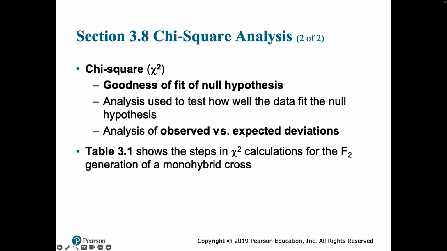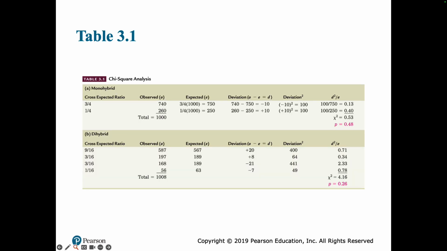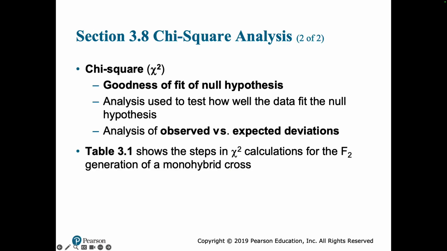So we're looking at our observed, what we actually saw when we did the cross, what plants did we actually get, and our expected. For example, with our 3-to-1 ratio of purple to white, let's say I'm going to breed and get 1,000 offspring.